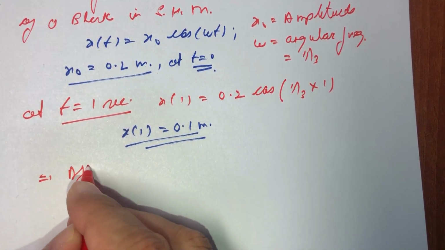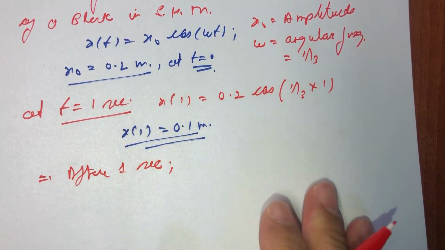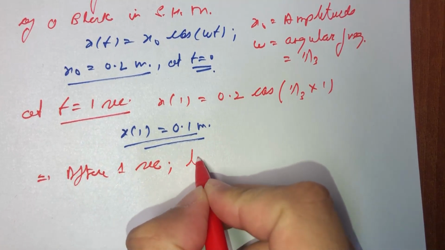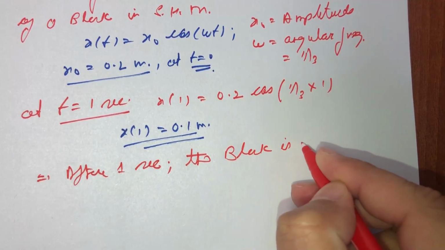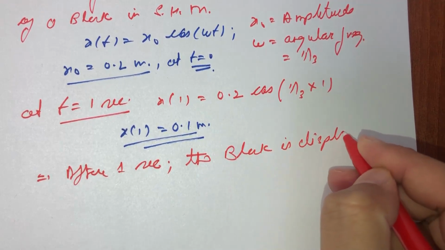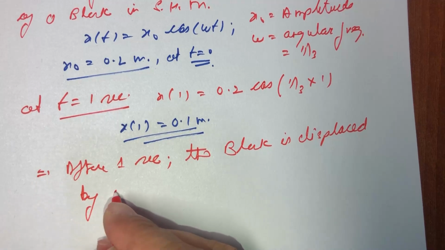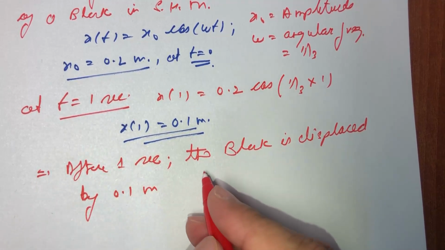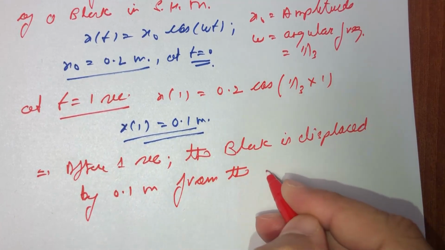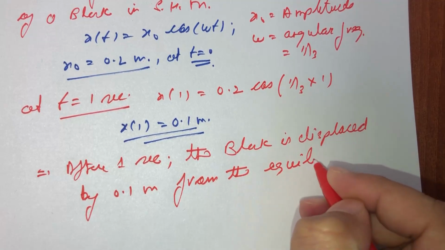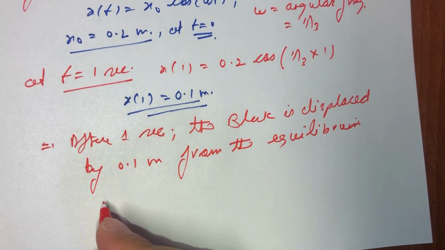So after 1 second, the block is displaced by 0.1 meter from the equilibrium position.